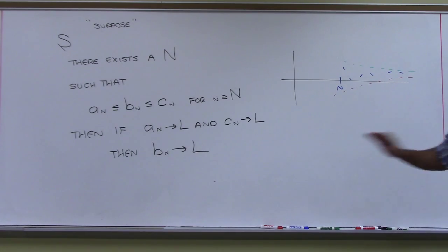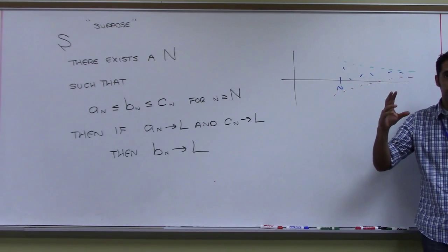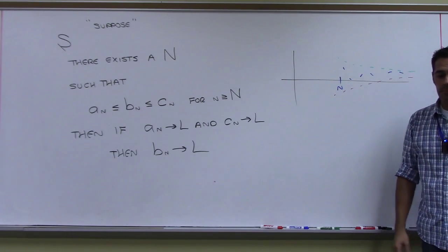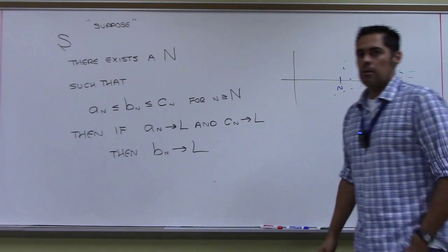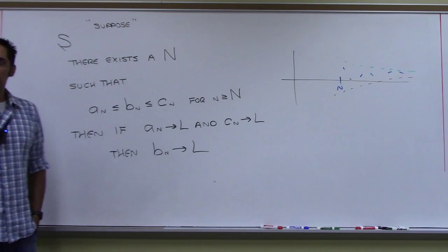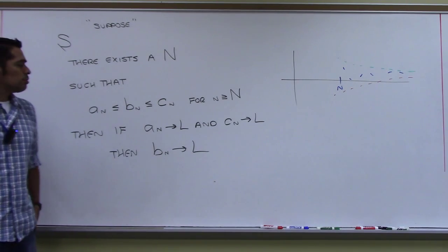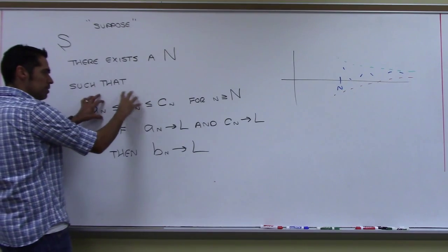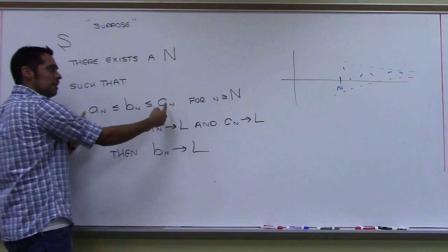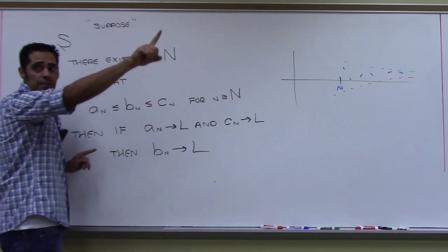Any questions on this? You get the idea visually? Sure? So how is this going to work for us? What we're going to do is look at a sequence that we're trying to figure out what it does, and we're going to struggle with it. So we're going to try and come up with two sequences, one on each side, that I can definitely figure out where they go as n goes to infinity.